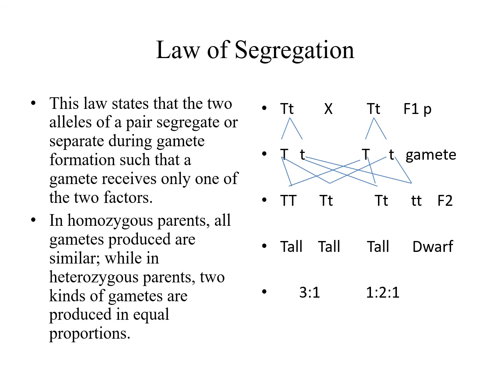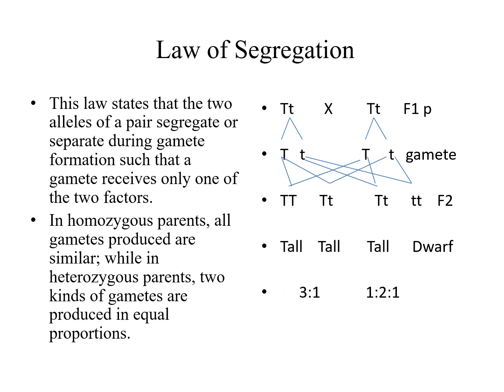Because of that, from each parent we get two types of gametes. Then they cross and fuse. Because of that, capital T capital T is homozygous tall. Then capital T small t appears two times, heterozygous tall. Then the last one, small t small t, is homozygous dwarf.